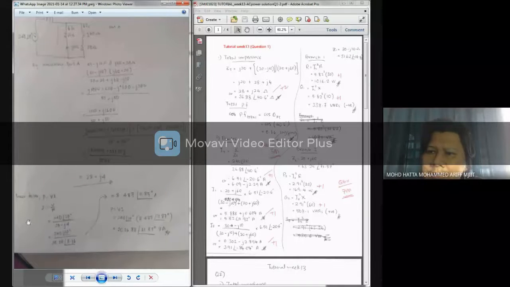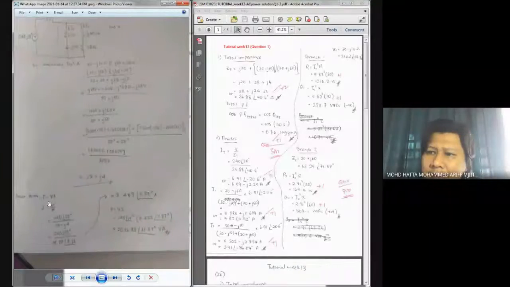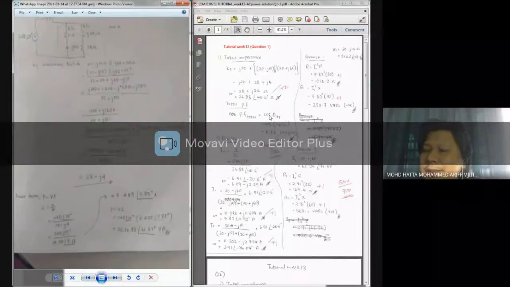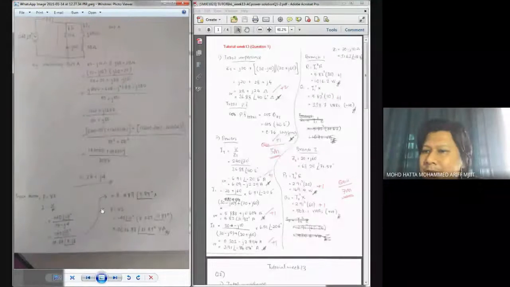For example, here Mo says that power factor is P times VI. This is totally wrong. You cannot gain marks from here. Power factor is coming from cos theta, or P divided by S, or using cos theta Z. So this is totally wrong.